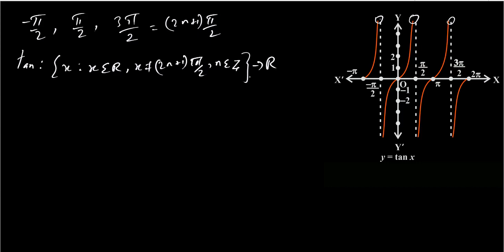From here, if we take the tan function at any point, tan of this angle, the value will be this one. In the same way, tan at this other point will also have the same value.